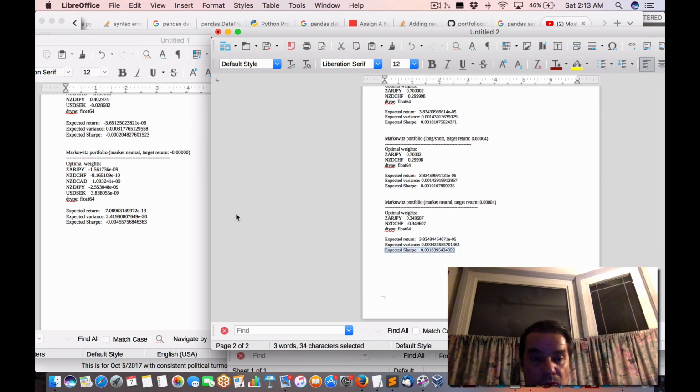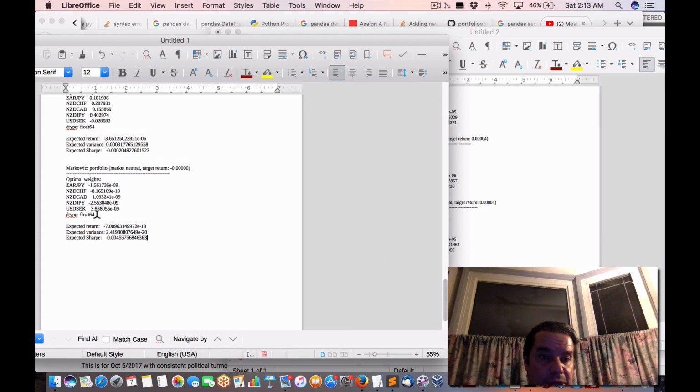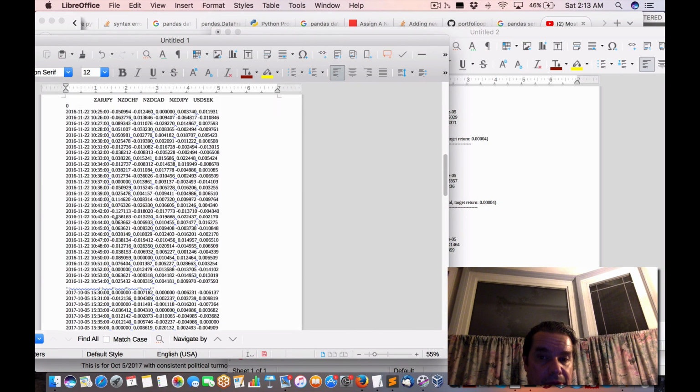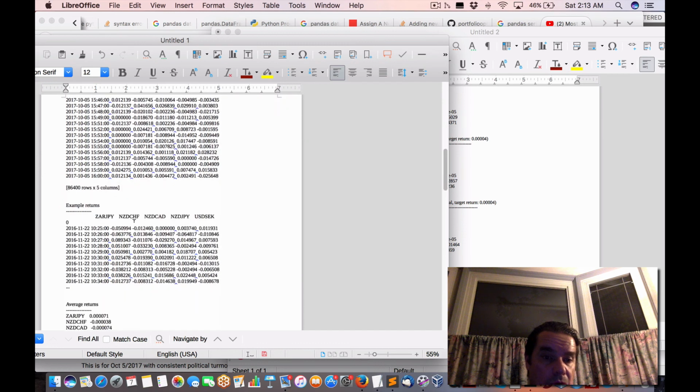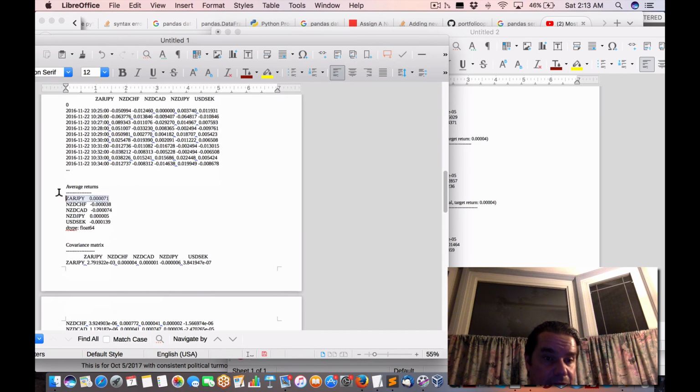Okay, but what would happen if we just only focused in this test here, only those average returns that are positive? So we know that the Rand and the Japanese is positive, but what happens if we ran it with the, like I said, the Rand and the Japanese yen is the most volatile, but yet we only picked this as the second one of the New Zealand Japanese yen.